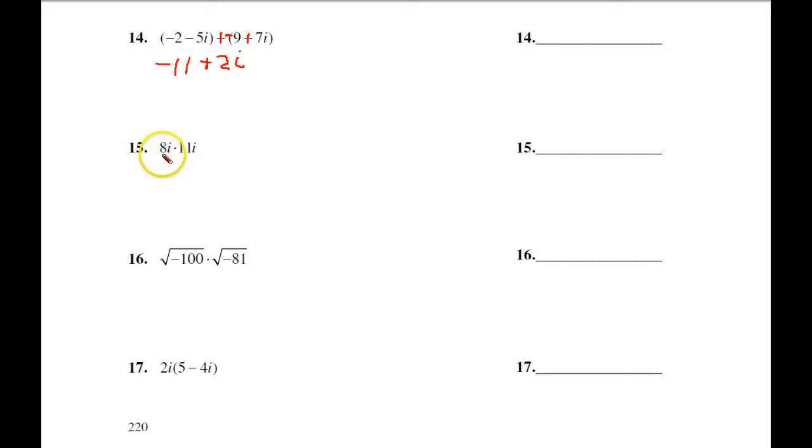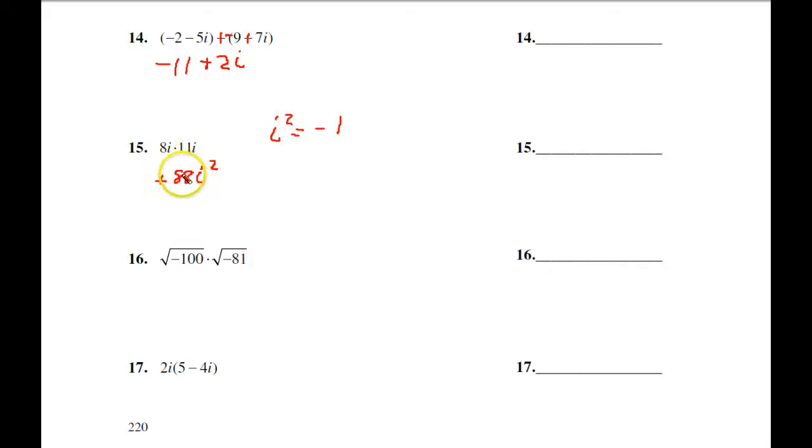Okay, now we're going on to multiply. And again, the very same rules apply. 8 times 11 is a negative, let me see, that's a positive. I'm thinking ahead here. 88. i times i is i squared. But we define i squared as a negative 1.